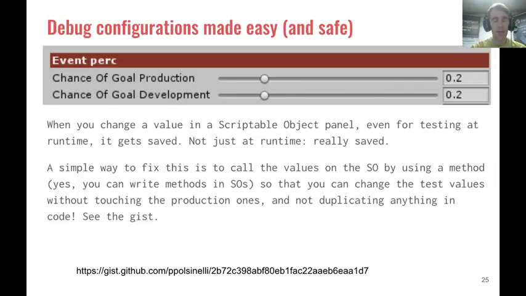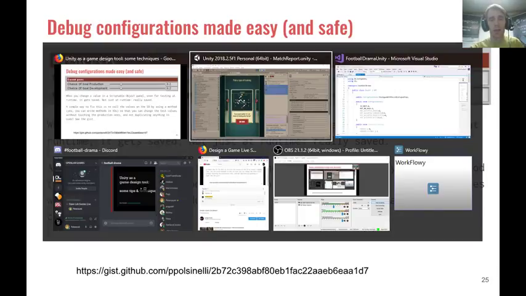So you can separate those and expose just a method and make the fields private using SerializeField, which is something I now always do on those exposed properties in the editor, so that your code will actually use the method to access them, and when the code is in production, it will use the production value. When it's development, it will use the development value.